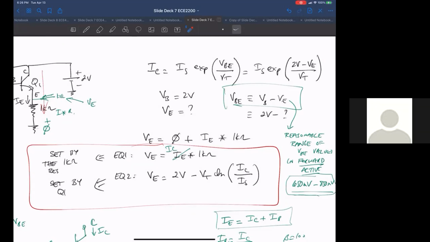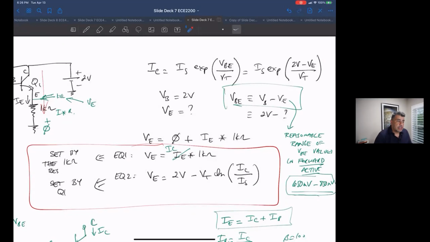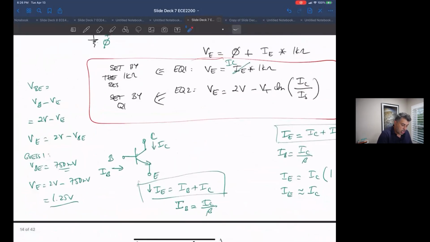But if you had to solve for another variable like V sub E, you would make the two equations in terms of IC, right? Well, either way you end up getting V sub E too, because that crossing point gives us VBE, and V sub E is just 2 volts minus VBE.